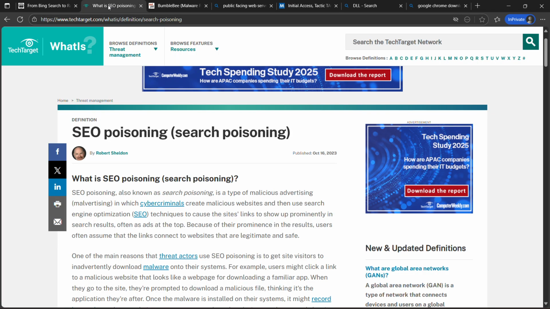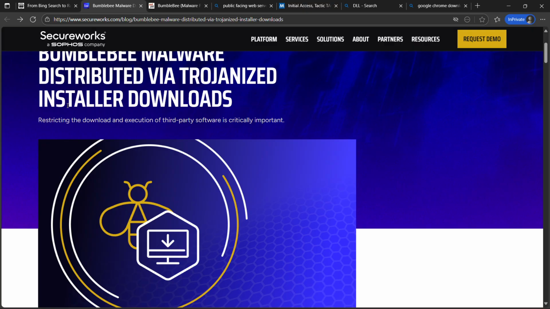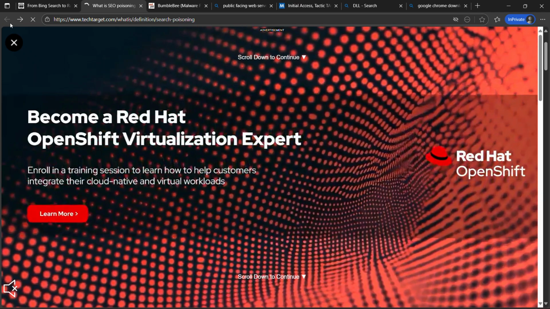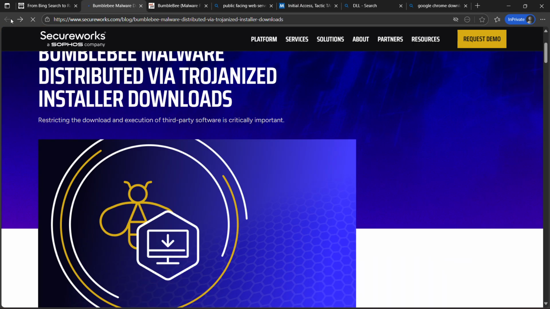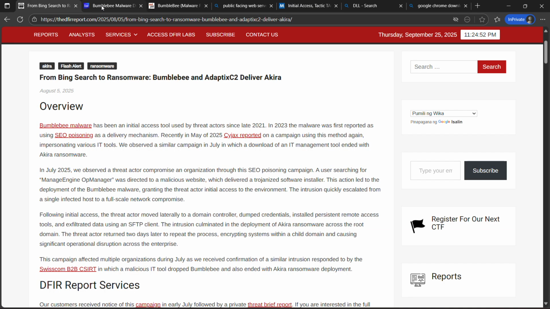Okay, now that we're familiar with SEO poisoning, and we know it's search engine optimization poisoning, basically. In 2023, the malware was first reported as using SEO poisoning.